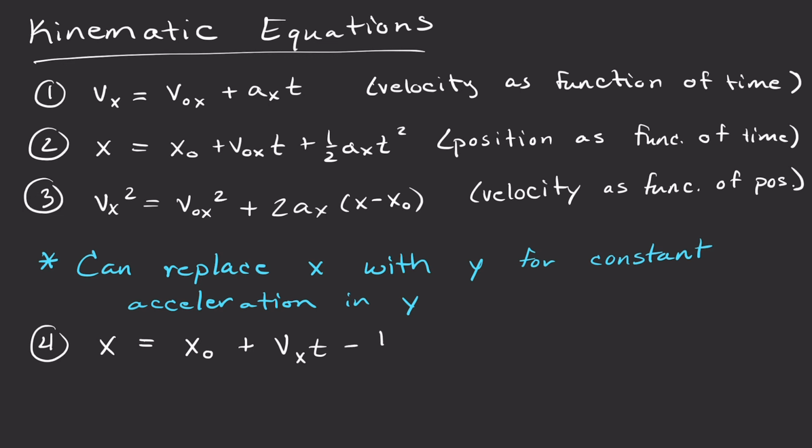And instead of plus 1/2 axt squared, you have minus. So it's derived in very similar ways. You just do a slightly different substitution. And then we can use the mathematical definition of an average to get this equation.